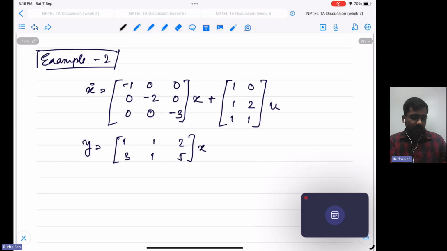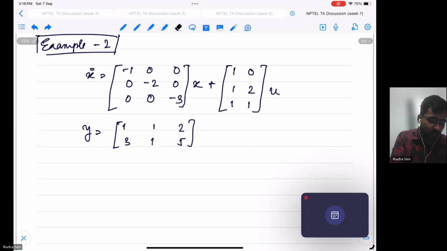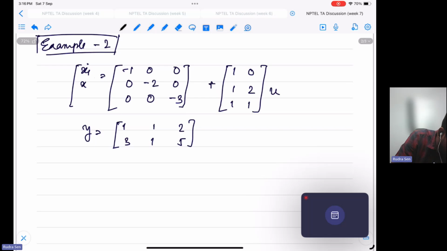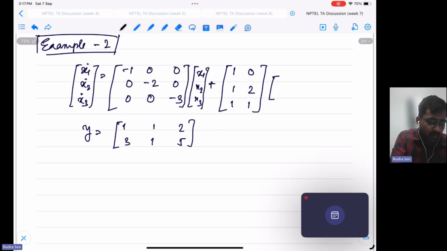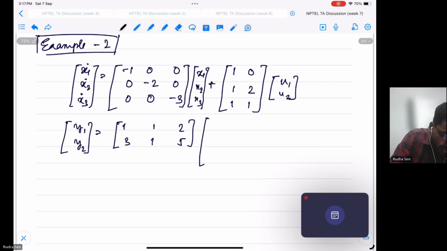So you can see this is basically a multi-input, multi-output system. That means we have 2 inputs. So instead of using that, I am using the proper structure: x1 dot, x2 dot, x3 dot, and here x1, x2, x3, and this is u1, u2, and this is y1, y2, and x1, x2, x3.